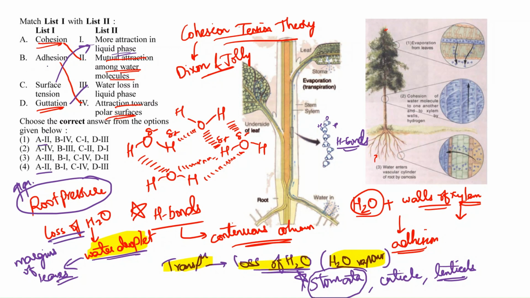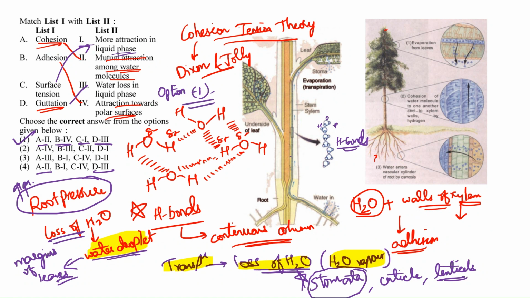Adhesion is attraction towards polar surfaces. Water moving in a continuous tube is also flowing through the xylem tubes, so there is attraction between water and the walls of the xylem. That is adhesion, attraction towards polar surface: B4. Guttation, water loss in liquid phase: D3, and C1. So the correct option for this question will be 1. Option 1 is the right answer.